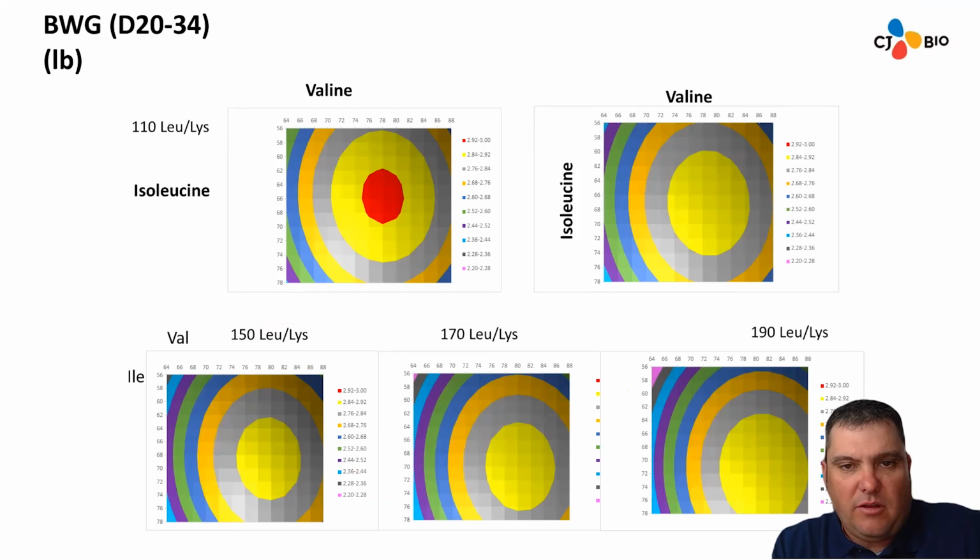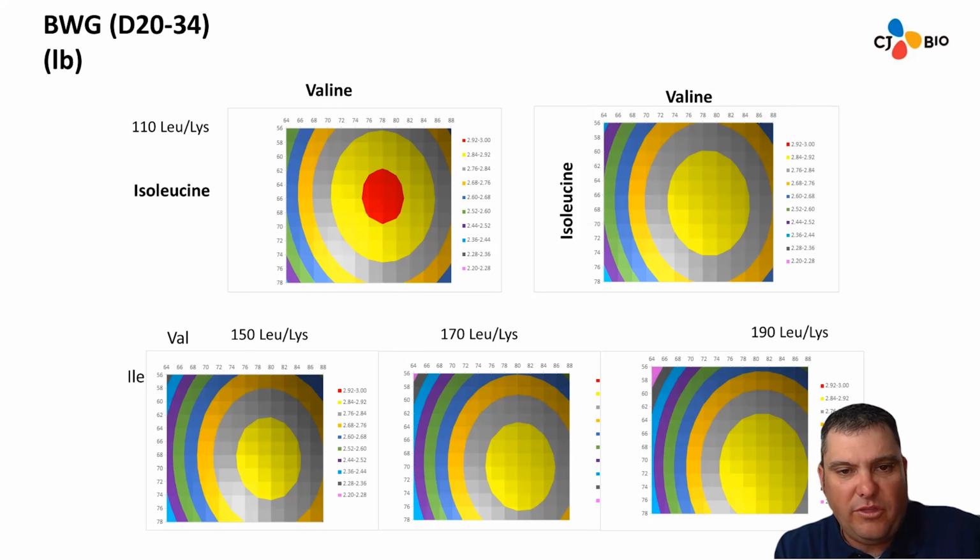The surface plots show the max response observed. In this first diet, you can see the red dot. That's our max body weight gain response for that surface plot. As we move to 130, you see we lose the red dot, which means we weren't able to achieve our max body weight gain.